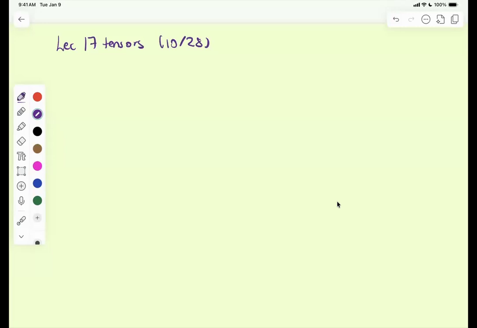So basically, what I'm going to tell you about today is one of the possible decompositions for a tensor, which is called the tensor train decomposition. It is also called the matrix product states.